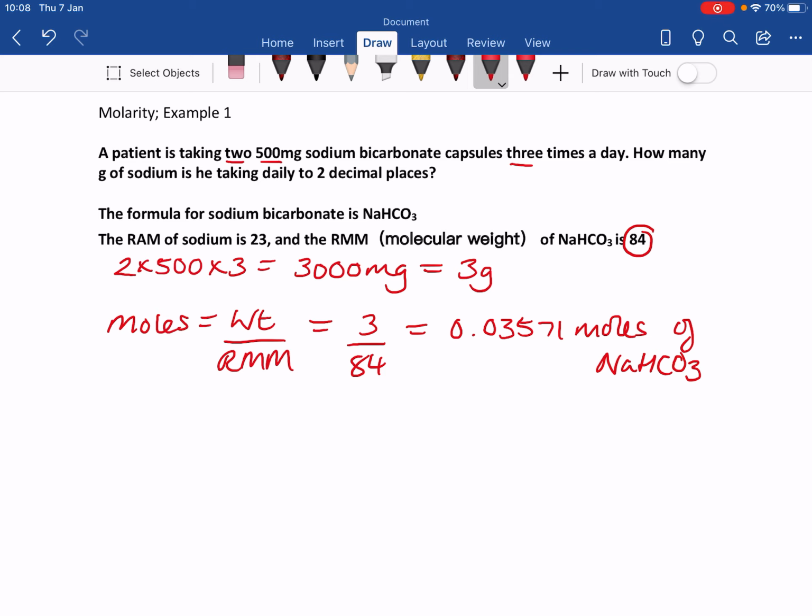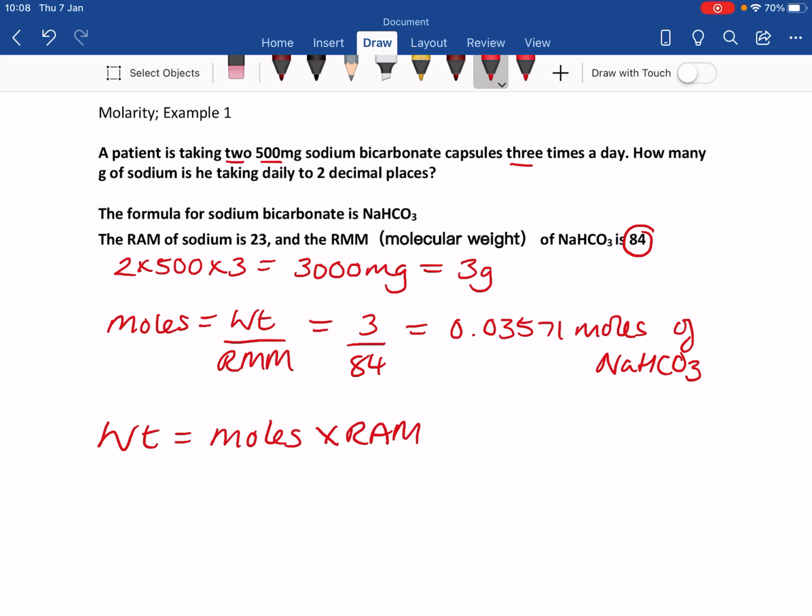So we're actually being asked to calculate the weight of the sodium, and we now know that we have 0.03571 moles of sodium bicarbonate. So the equation to calculate the weight of sodium is that weight is equal to the number of moles times by the relative atomic mass.